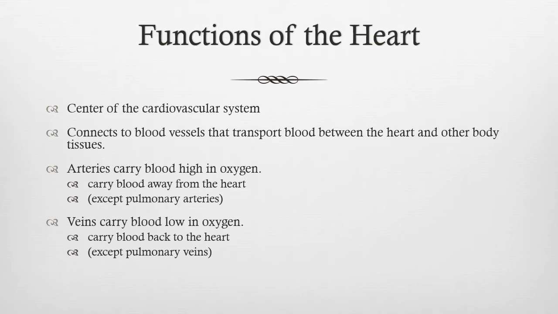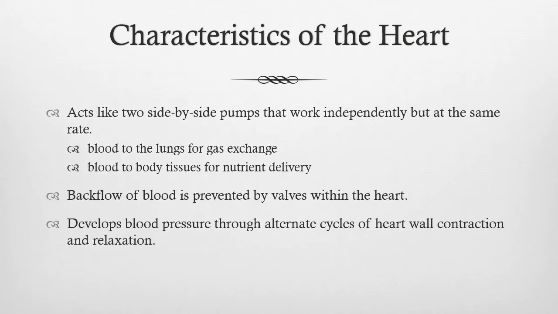Arteries typically have high oxygen content, and veins have low oxygen content, but because arteries and veins are by definition either going from or coming to the heart, when the arteries go from the heart into the pulmonary circulation, they are bringing low oxygen blood to the lungs, and the veins coming back from the lungs to the heart are bringing back high oxygen content blood. So even though they are veins, they have a high oxygen content.